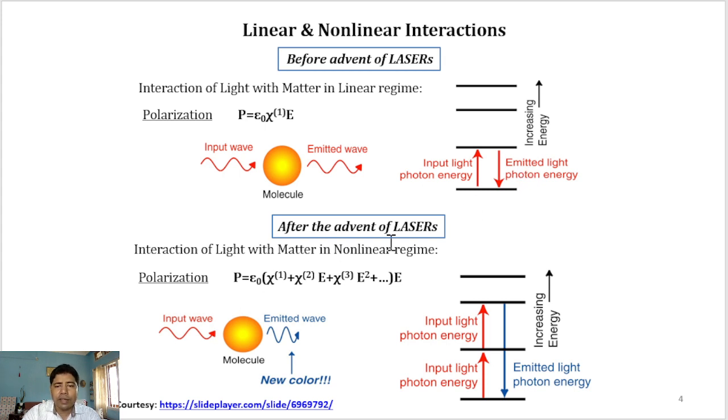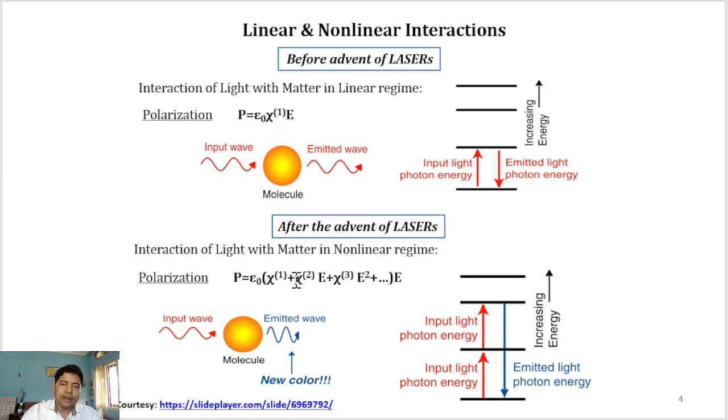Now, after the advent of lasers, due to the interaction of light with matter in the nonlinear regime, the polarization is of this relation. Here P is the polarization, epsilon naught is the vacuum permittivity, chi 1, chi 2, chi 3, etc. are the susceptibilities, and E is the electric field strength or amplitude.